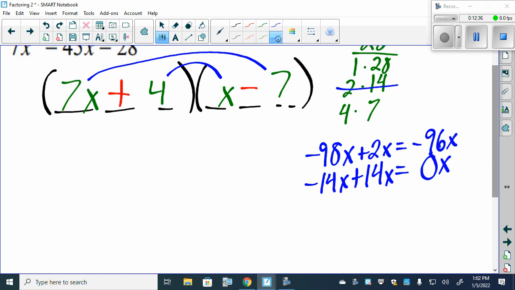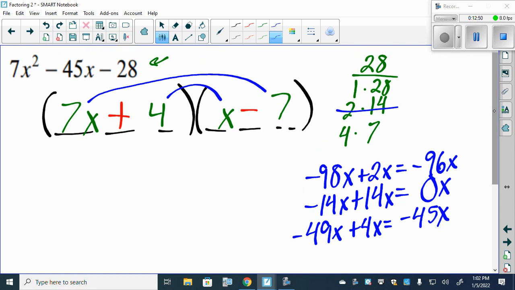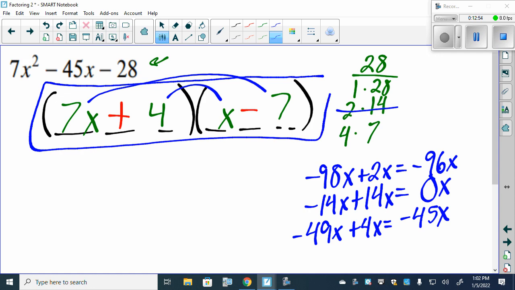We could try this here. 7 times negative 7 is negative 49x. 4 times x is going to be plus 4x, which gives us negative 45x. Is that what we wanted? So this right here is the correct answer.